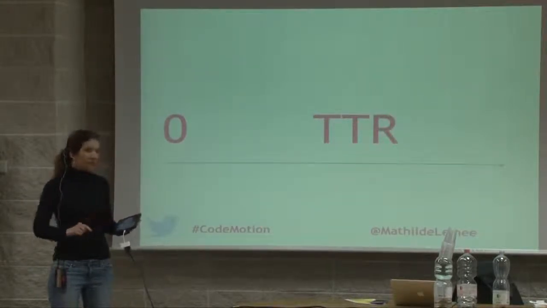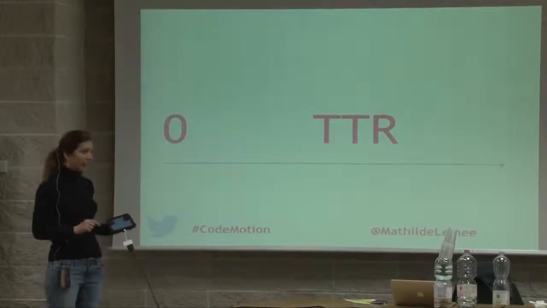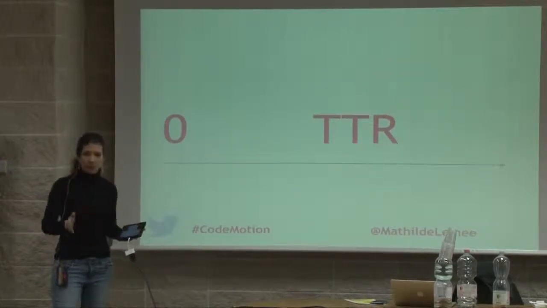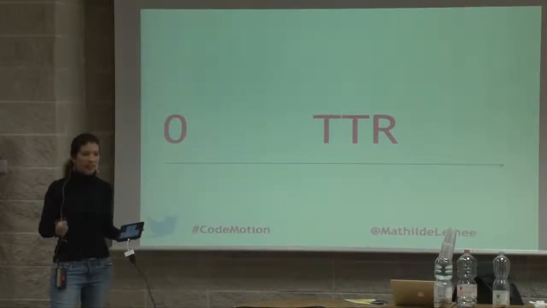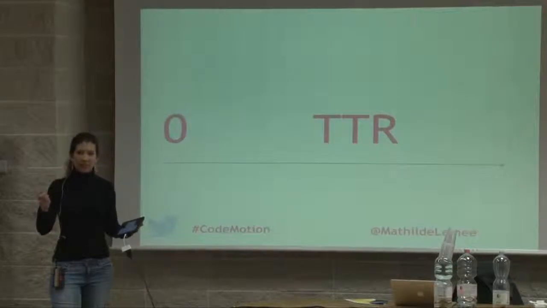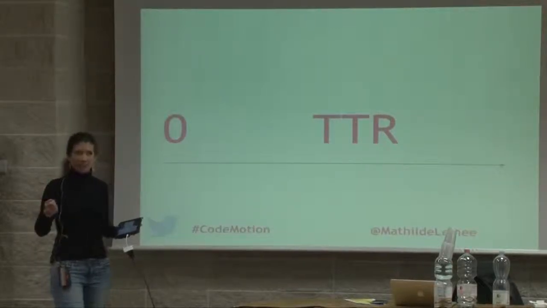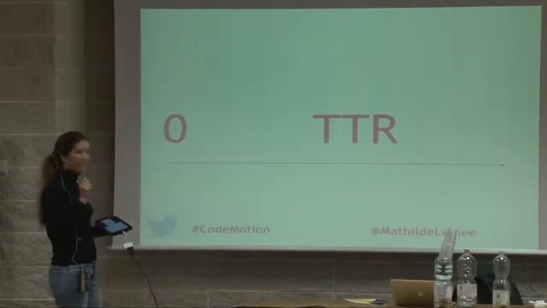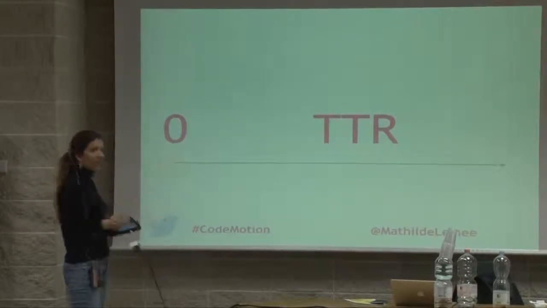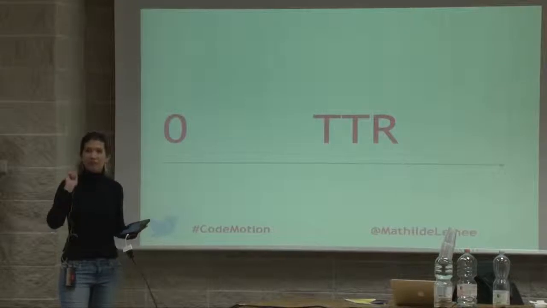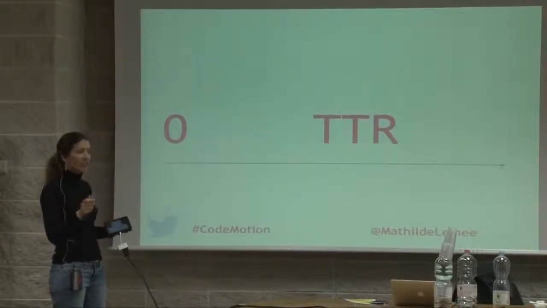What if we do other stuff like TTR, time to refresh? We also put it at 5 minutes. So between 0 and 5 minutes, everything is normal. You've got the values in the cache. You get a lot of hits on it. And after 5 minutes, you will still have it. If I ask at minute 6, even if it's after time to refresh, I still have it in cache. That's a hash map, complexity of 1, really fast.